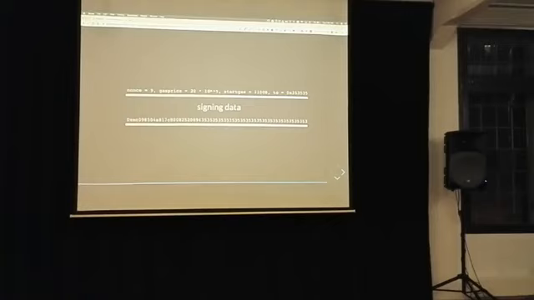They have a variable called nonce, a variable called gas price, and a variable called gas or start gas. They have a variable called to, and value, which is how much ether you're transferring. I think it's pretty clear. Nonce is how many transactions that account has done. Gas price is how much ether you're willing to pay for one gas.